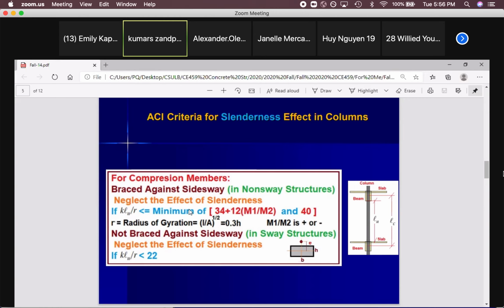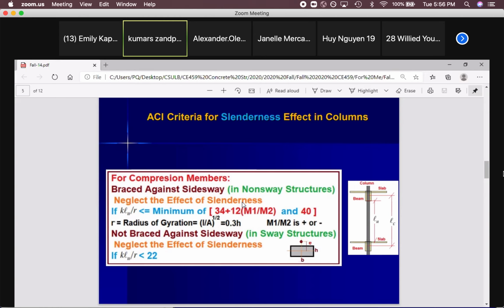That's it. So what should I do? Should I go and calculate all those Cm and delta and then come to here? No, start from here. Calculate KLU over R and compare it with the minimum of these two. If it's less than the minimum, your column is not slender. Go and design based on last week.